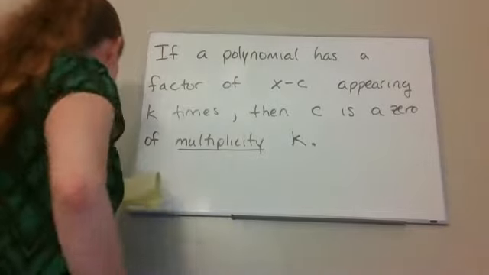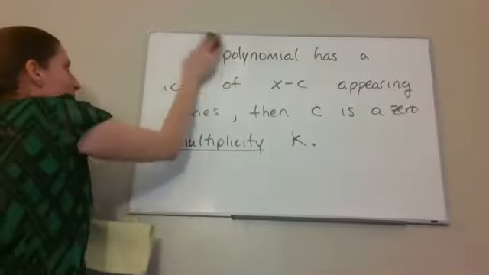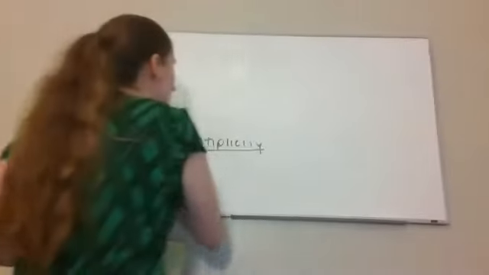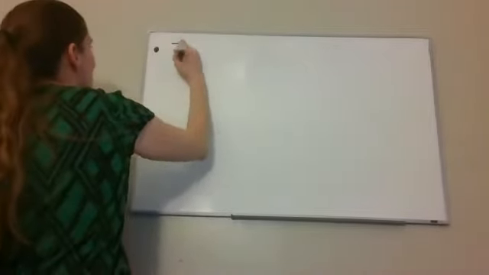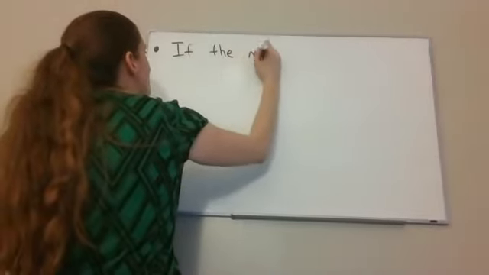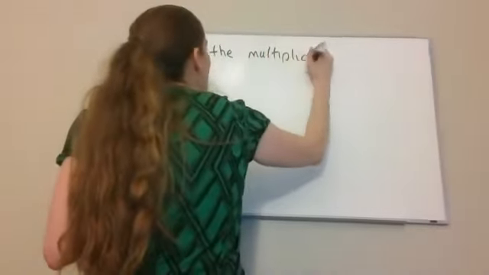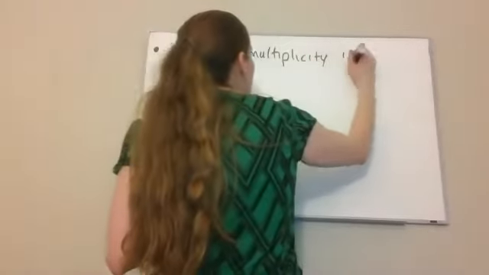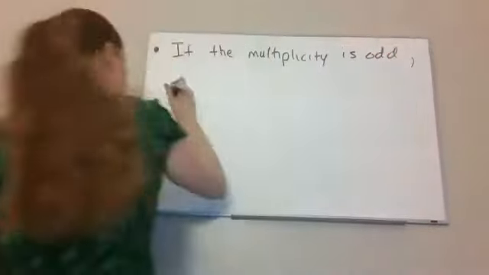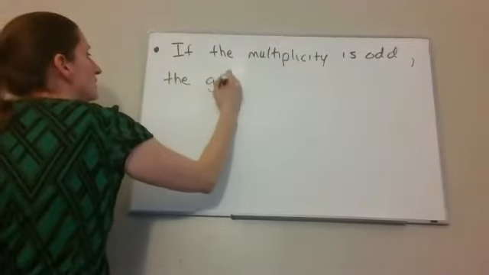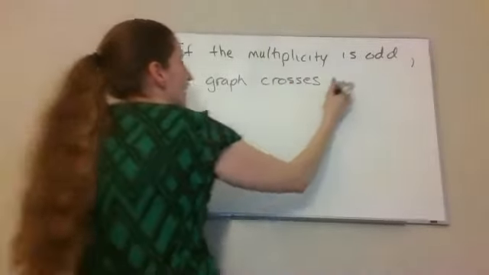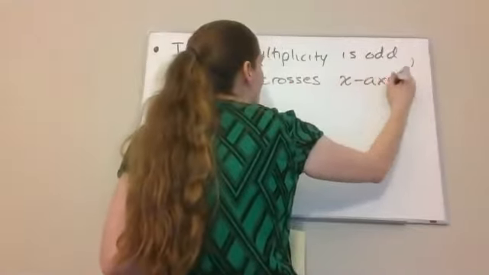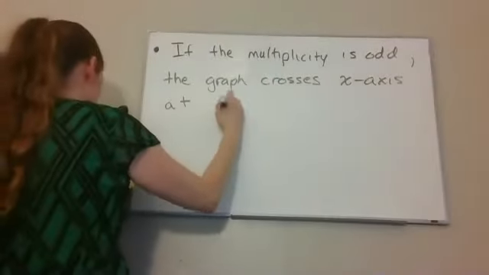Now, depending on the multiplicity, the graph does different things. If the multiplicity is odd, the graph will cross the x-axis at that zero. So whenever that multiplicity is an odd number, the graph crosses the x-axis at that point.